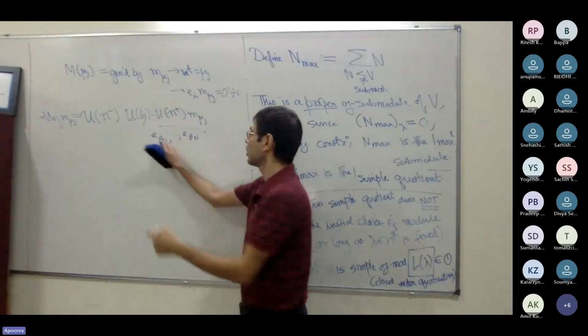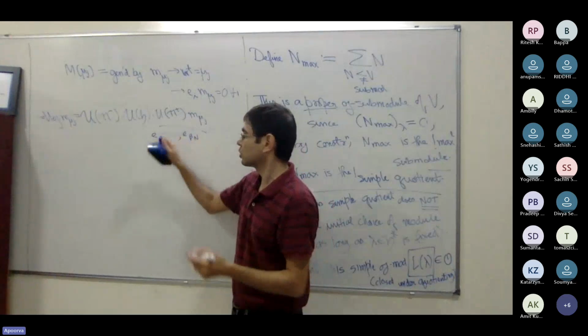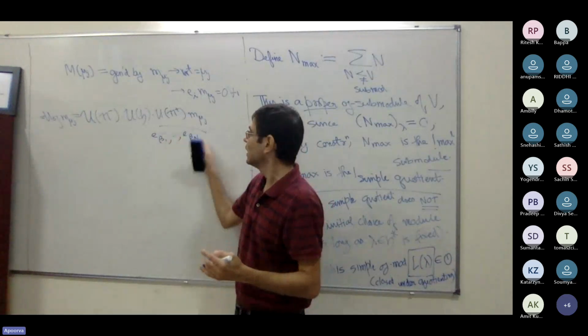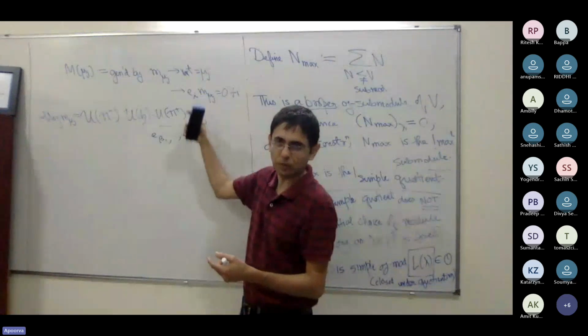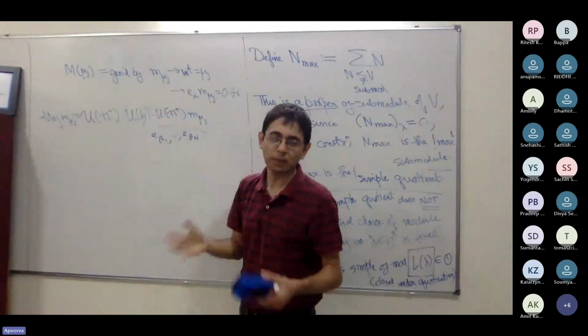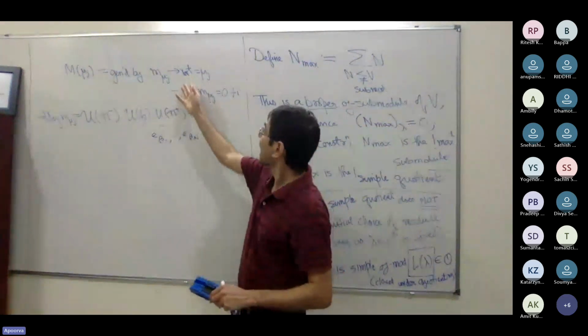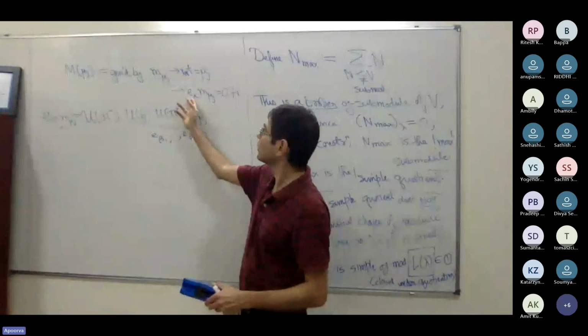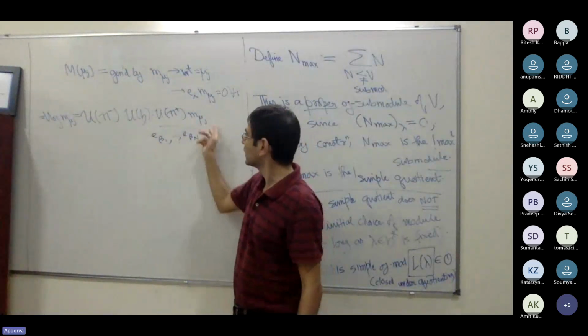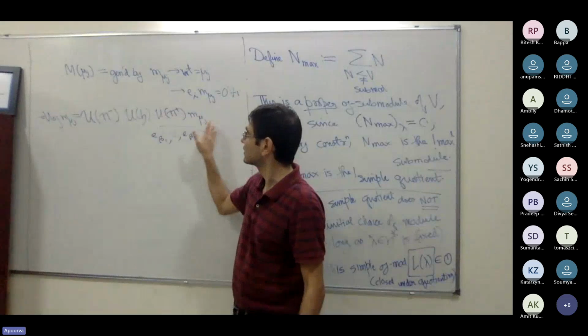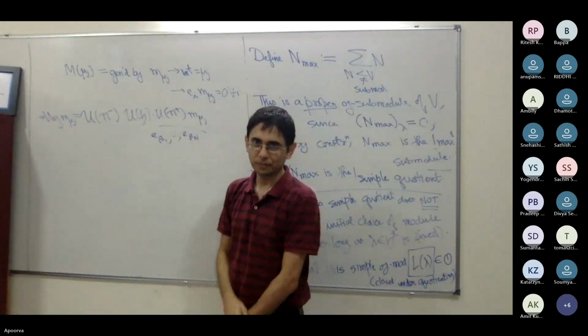Fix some ordering of positive roots, take those corresponding positive root vectors; the set of words in this order, e beta 1 to some power, e beta 2 to some power, times m mu j, is a basis. But every one of these is built out of these, so it kills m mu j. Every such word kills m mu j. So what is this equal to?